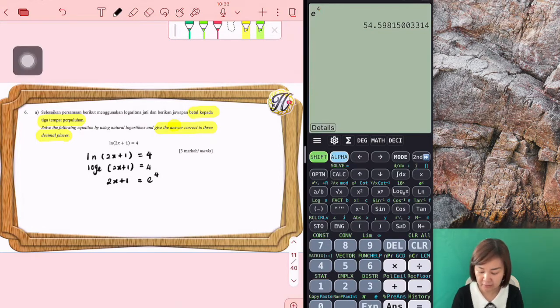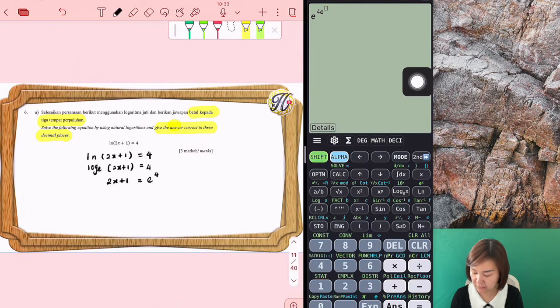You can see the green color, so I have to press shift. Sorry, this is wrong, I have to clear first. Shift, then the power key, e. Without shift there will be the ln. So we use shift, e to the power of 4.